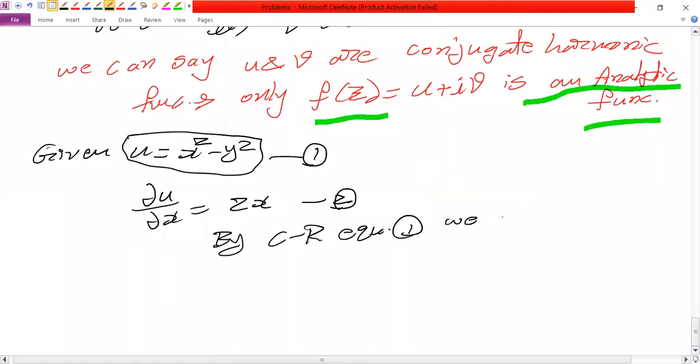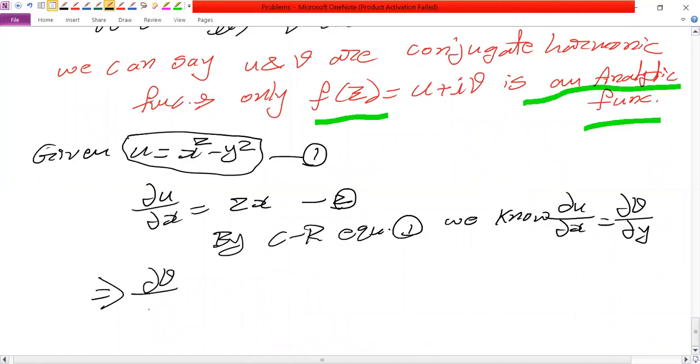By Cauchy-Riemann equation 1, we know dou u by dou x equals dou v by dou y. That I am going to replace here. That implies, equation 2 gives dou v by dou y equals 2x.